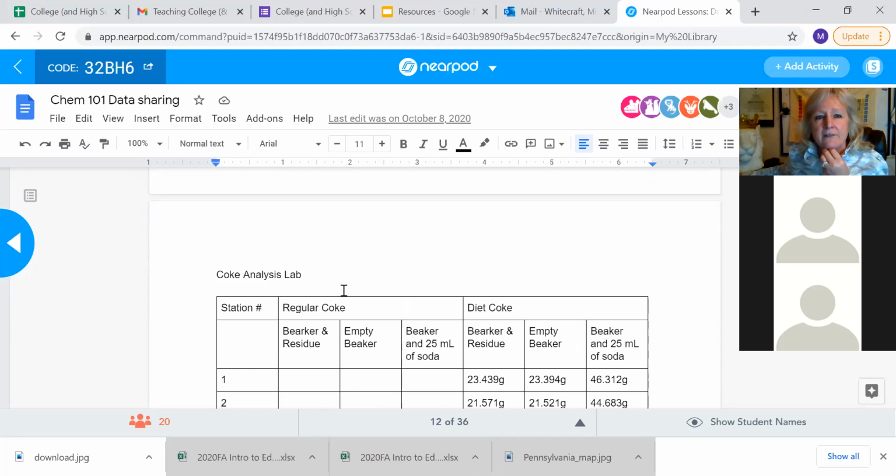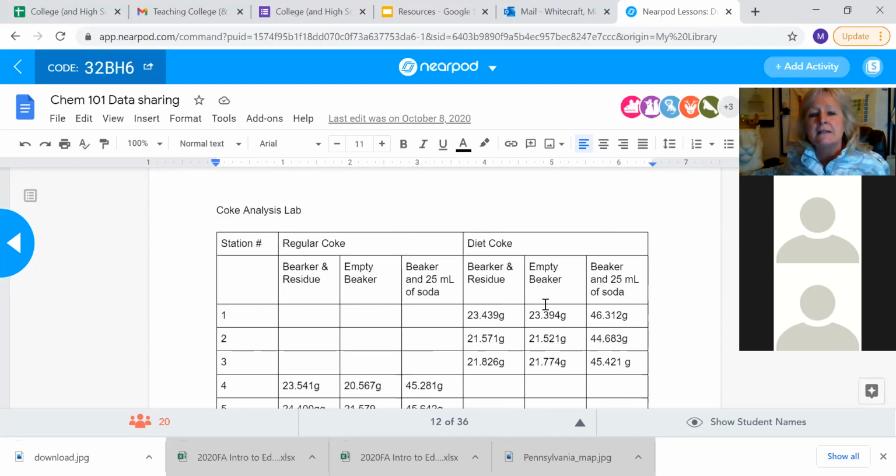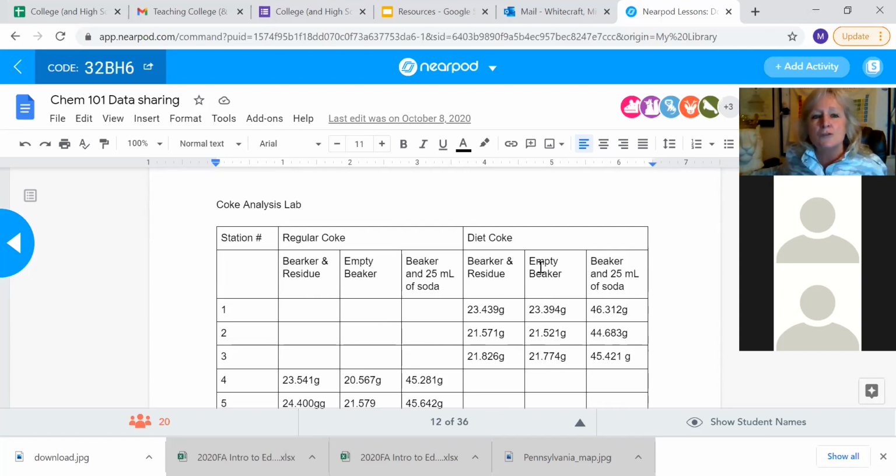So for this particular lab, this is for Chem 101, an introductory course for nursing students. They take regular Coke and Diet Coke and put them in water. They see that the regular Coke sinks and the Diet Coke floats. So they heat it up, drive off all of the volatile substances and end up with a residue. They find the percent of residue in each of the sodas.